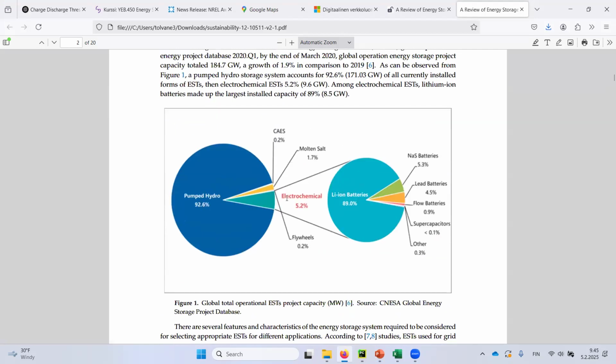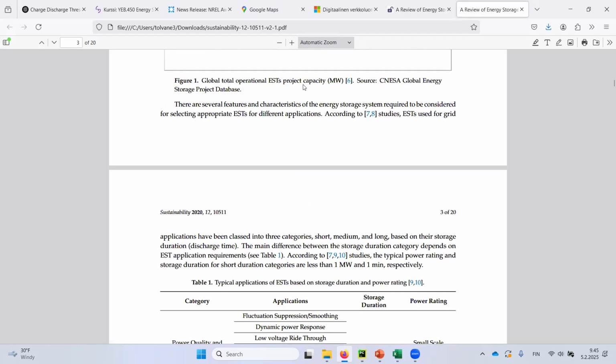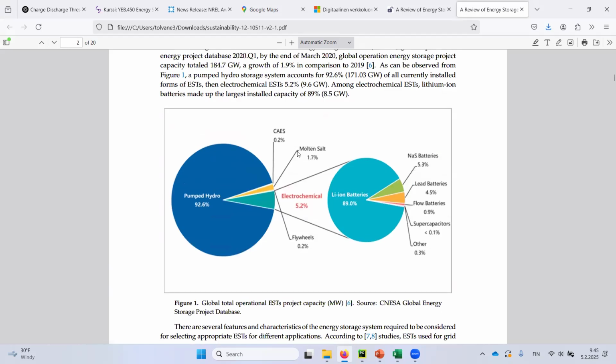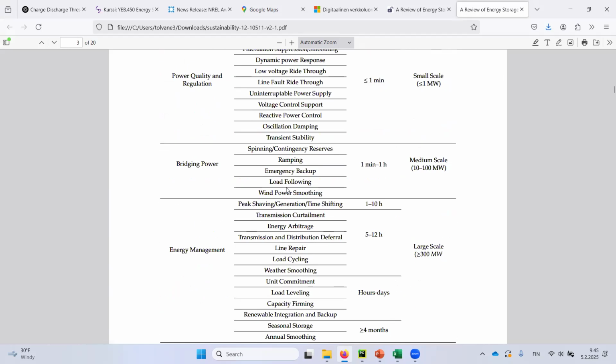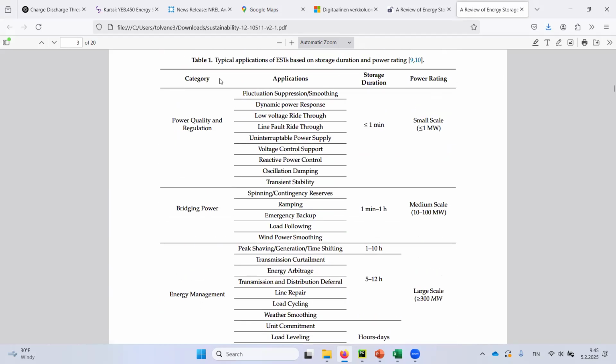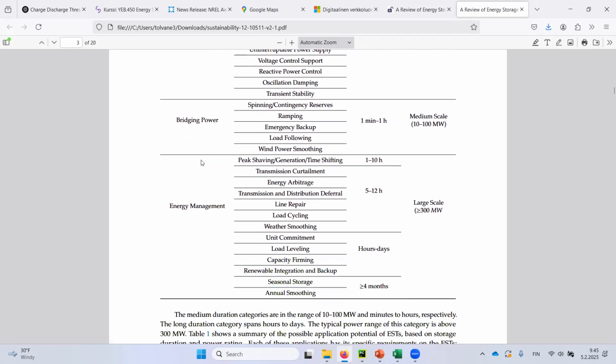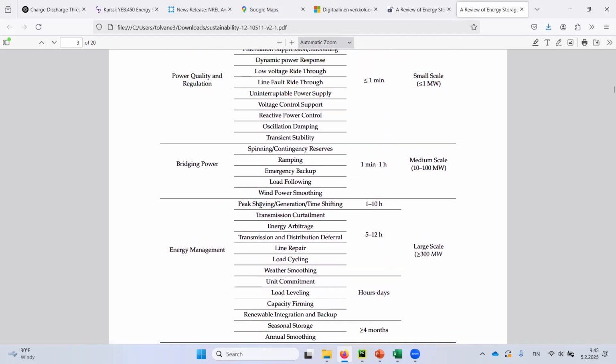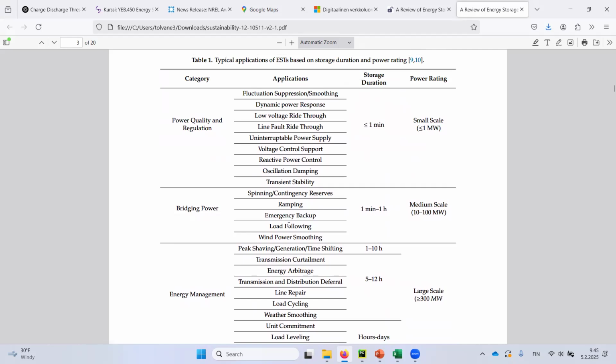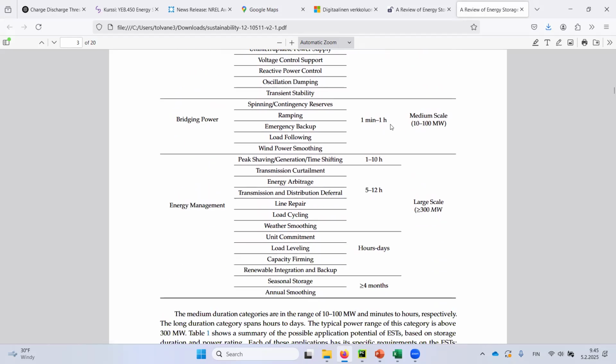So yeah, in here you can see, by the way, the pumped hydro and lithium-ion batteries comparison, how much the capacity is. I don't know if it was a few years back, but still. In here, the categories: power quality and regulation, bridging power, energy management. For example, here, load following, wind power smoothing, spinning contingency reserves, and ramping from 1 minute to an hour.